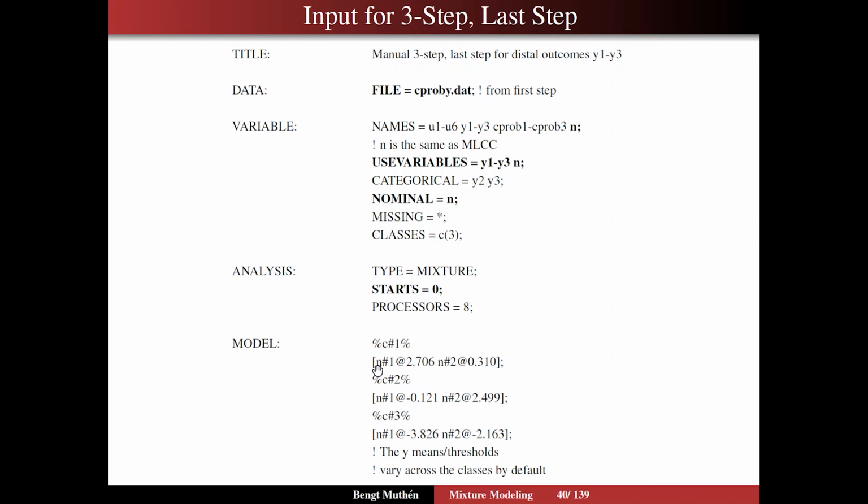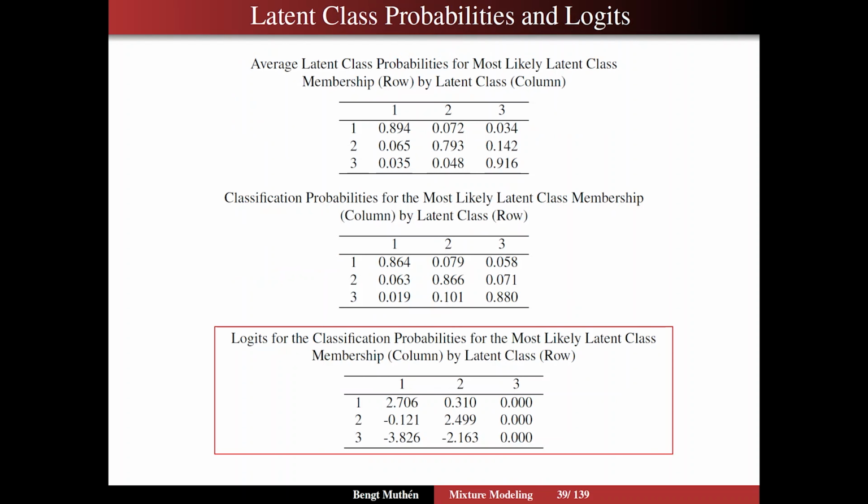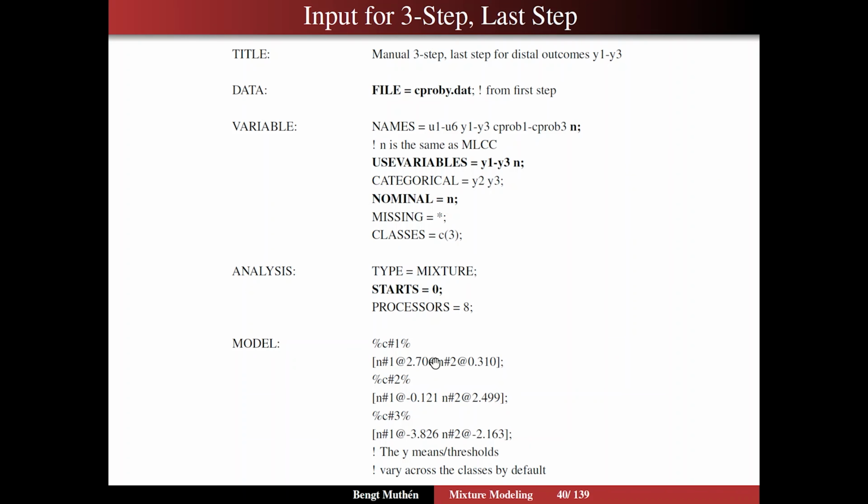And now we have a model statement for each of the 3 classes, C#1 to C#3. And we have the values that we looked at before, the logits on the previous page, down here. 2.706, 0.310 for instance. So we give the first 2 categories of the nominal variable N and their logits, and they are fixed.